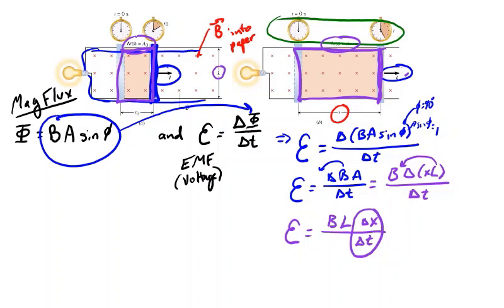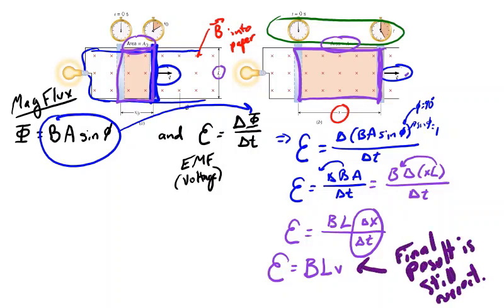And so my final iteration of this equation becomes that the electromotive force is equal to B times L times v, where this little v is the velocity of the beam. In other words, how fast you're actually moving it through this magnetic field.